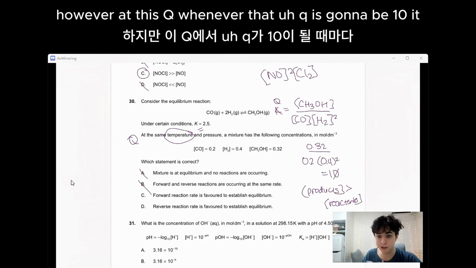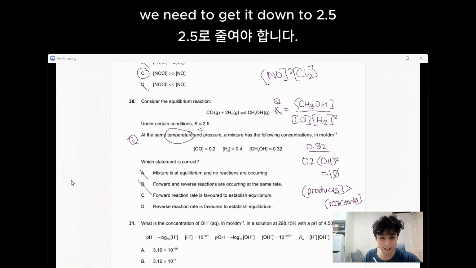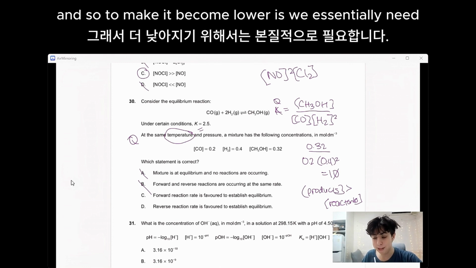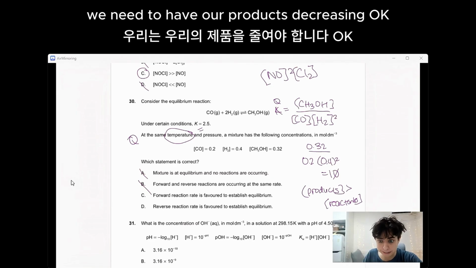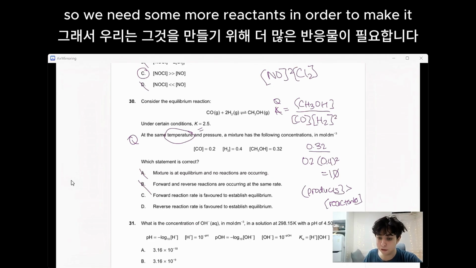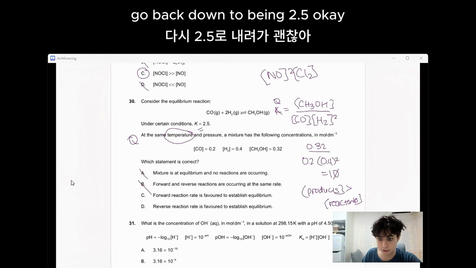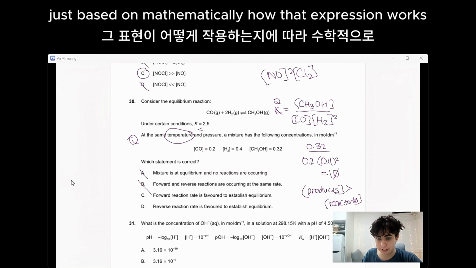However, whenever this Q is 10, we need to get it down to 2.5. And so to make it lower, right now our products are much bigger than they need to be. We need to have our products decreasing. So we need some more reactants in order to make it go back down to 2.5, just based on mathematically how that expression works.